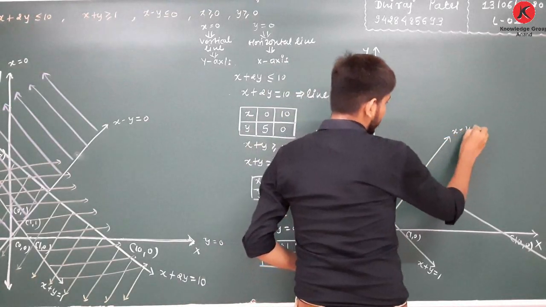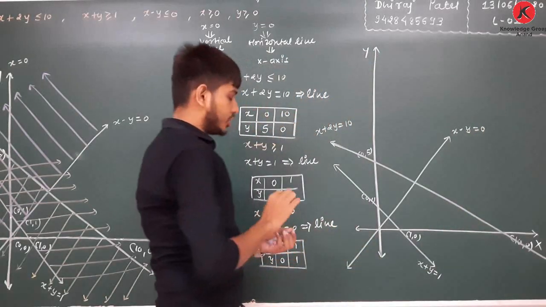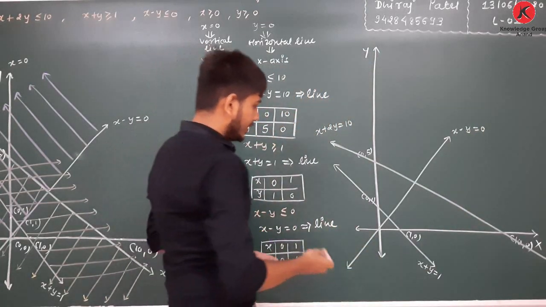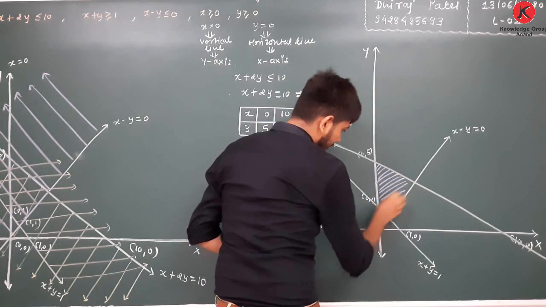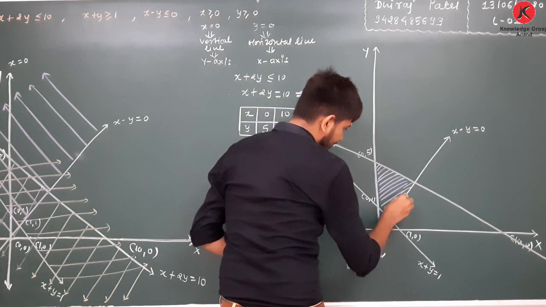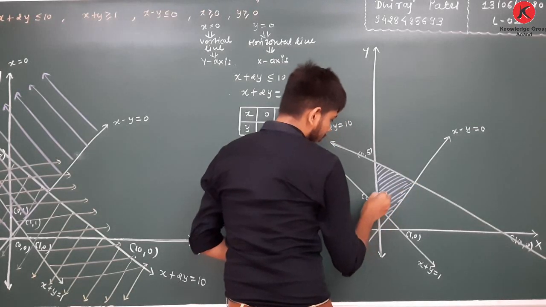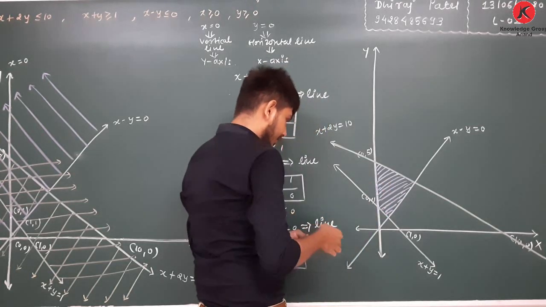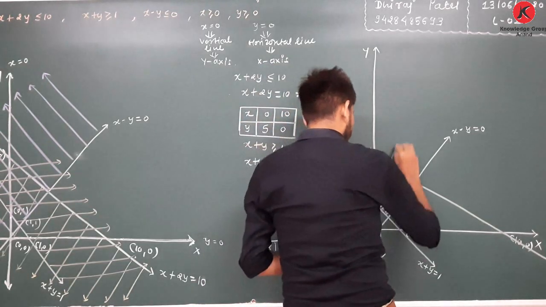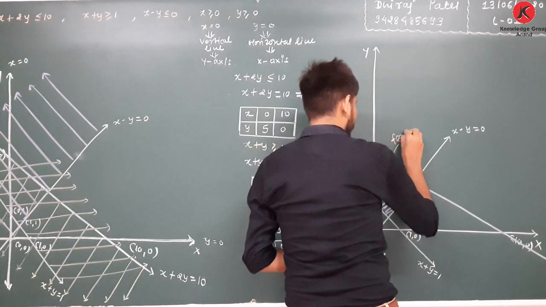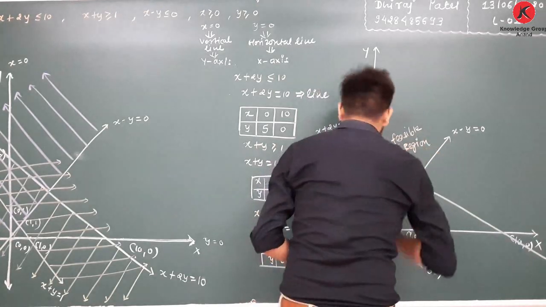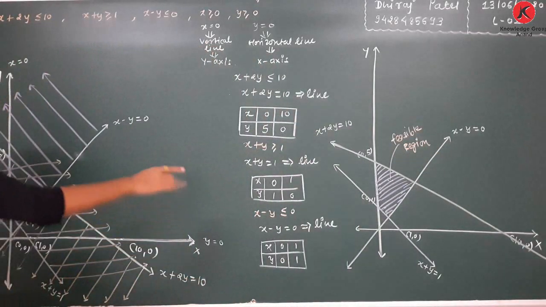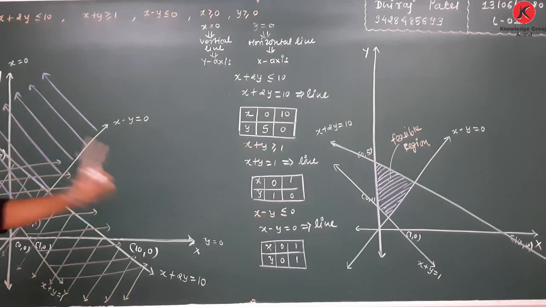This is x minus y equals to 0. Now which portion is your feasible region? This portion is your feasible region. This is the solution set or solution region. Remember, the feasible region is very important in such cases. It is a very important question, so draw the solution feasible region separately and show it properly.